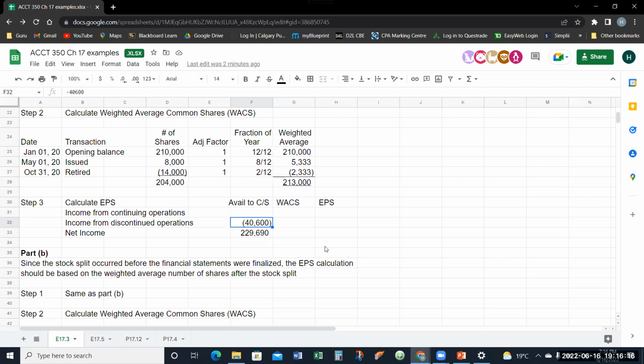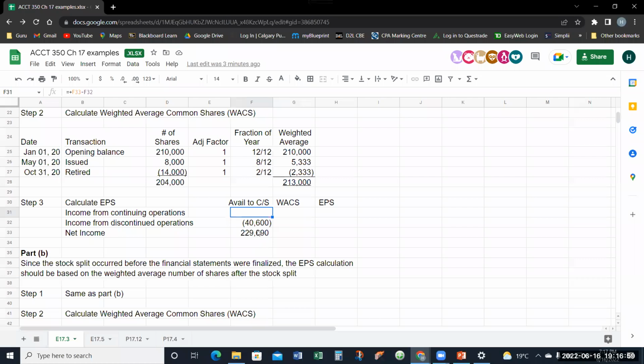Okay. So did anybody think about what the income from continuing operations should be? I get 229,690 after subtracting the loss from discontinued operations. So what should my number be before? It'll be the sum of the two, right? After subtracting 40,000, I got 229. So my income from continuing operations should be bigger than my net income.